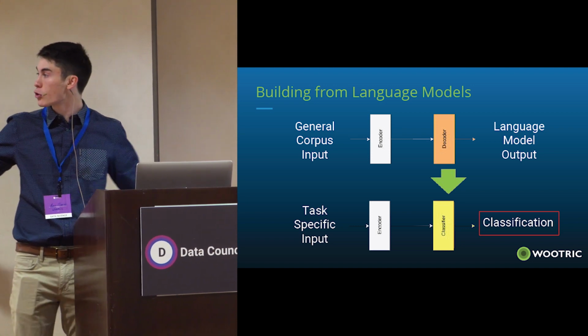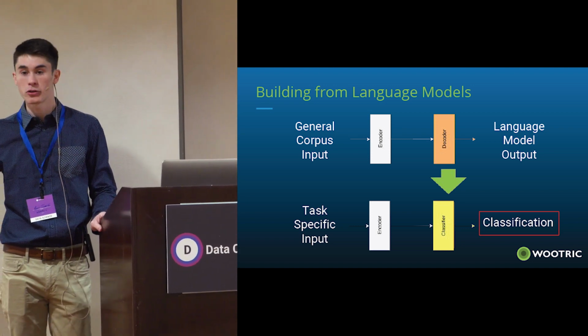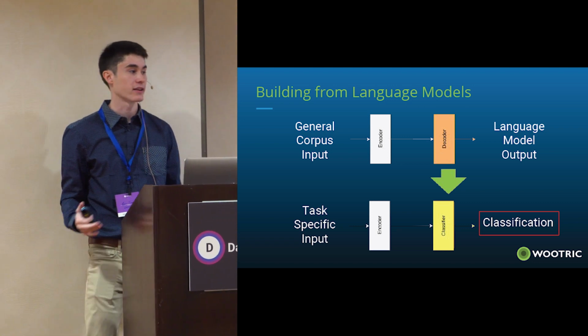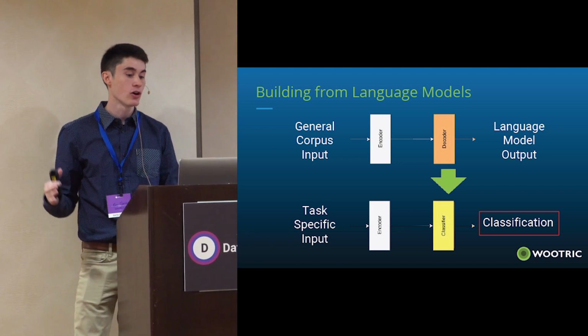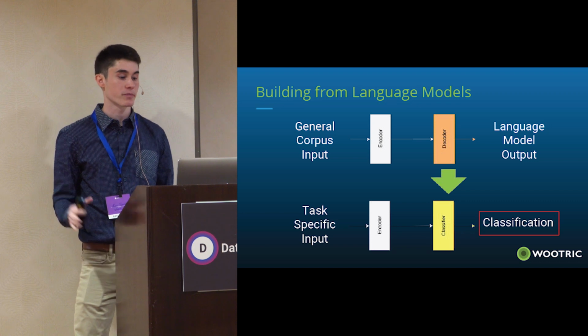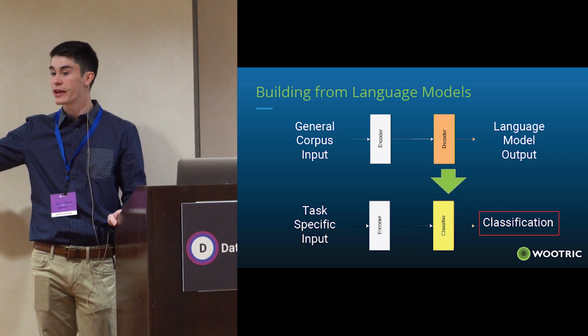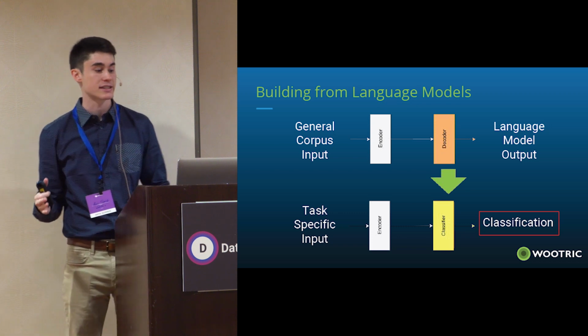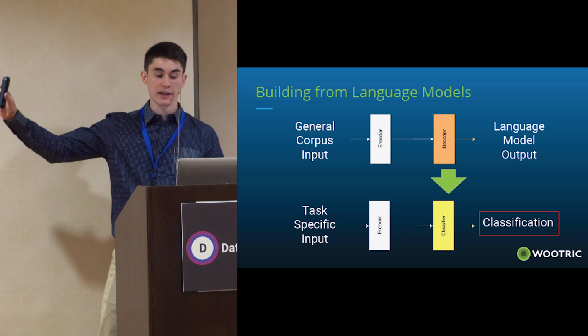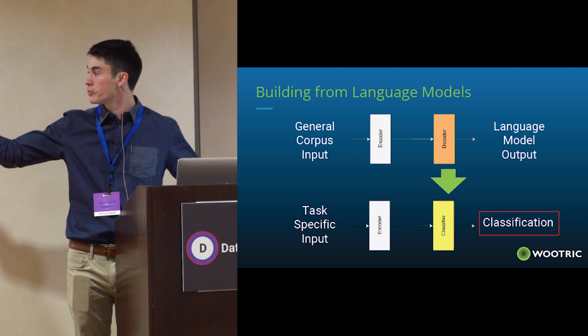So you have a general corpus that you're inputting into your language model. This general corpus could be anything like a giant Wikipedia data set, the Penn Tree Bank, a Twitter stream, whatever. And basically, all it's learning to do is model that language and predict the next word at each sequence of the input. So you have the encoder and the decoder present in that model.